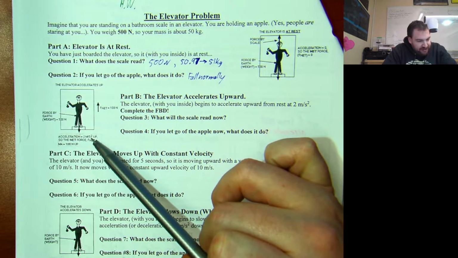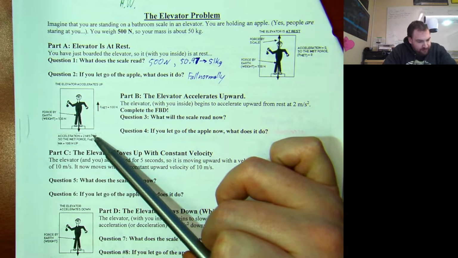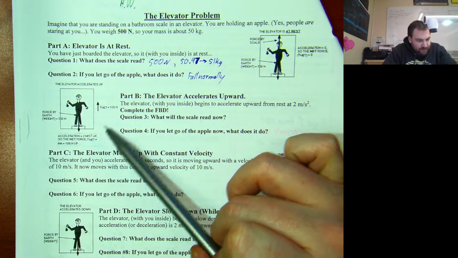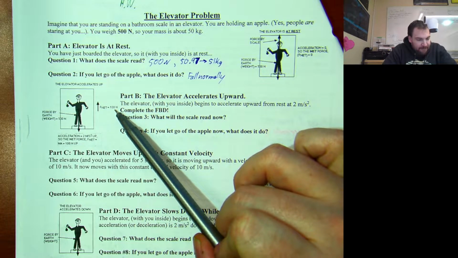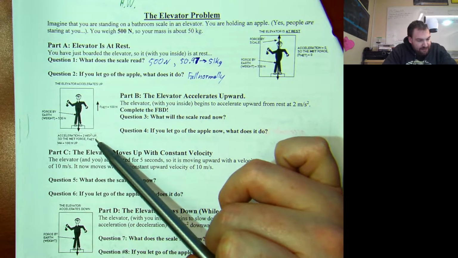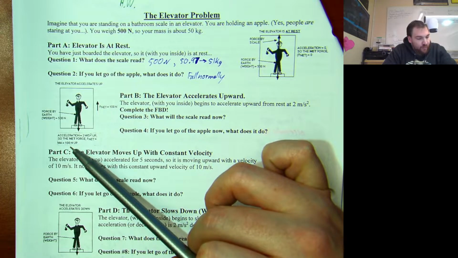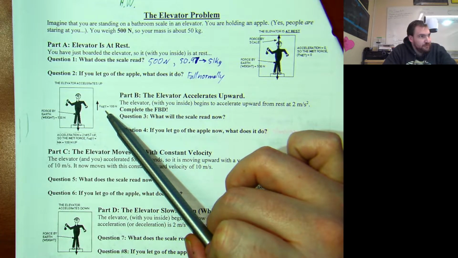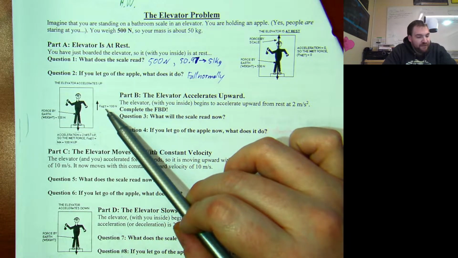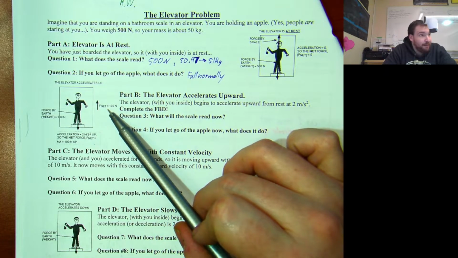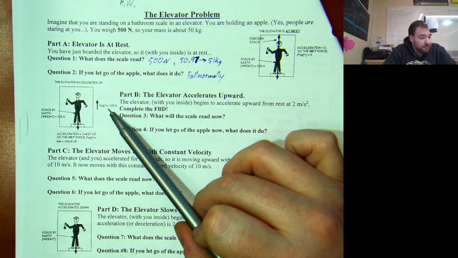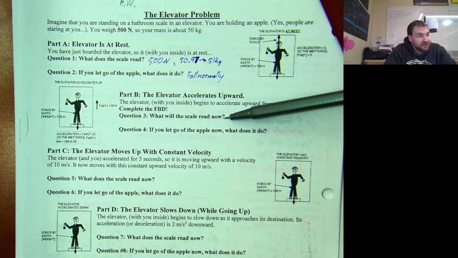A 2 meter per second squared acceleration up on a 50 kilogram mass means that F net upwards has to be 100 newtons. So if you have a net force of 100 up, what's the scale actually going to read?